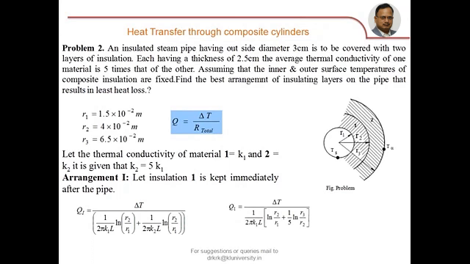But in the equations, when you want to find the outer radius after addition of the insulation, only the thickness of the insulation will be given. So you have to add the thickness to the radius, not to the diameter.